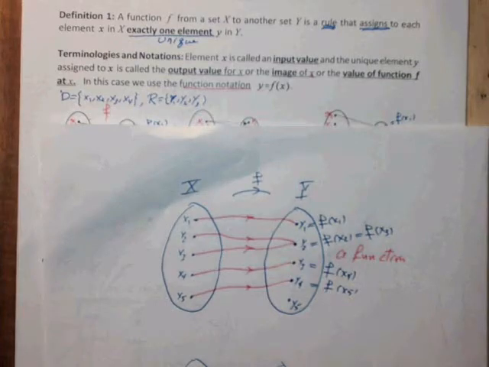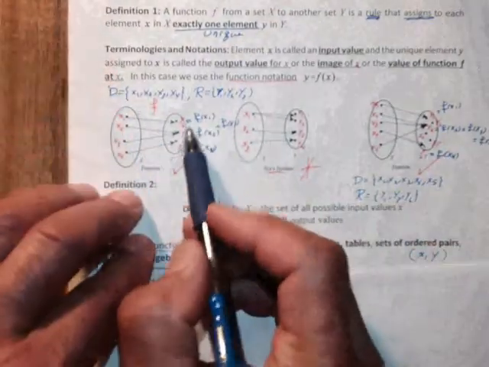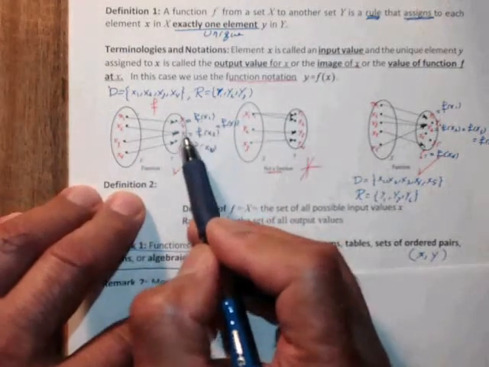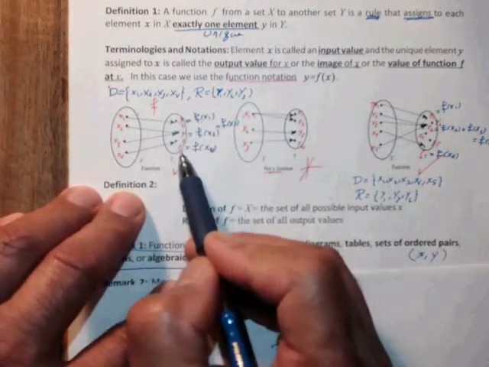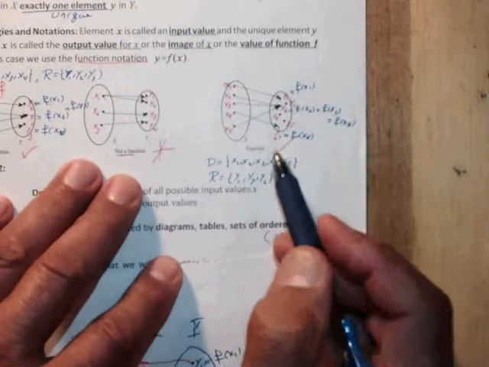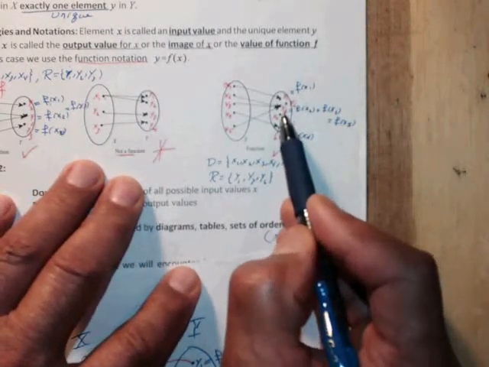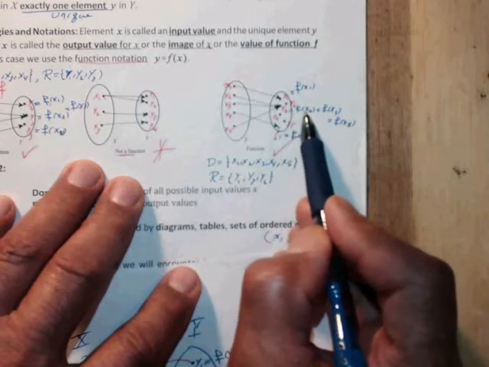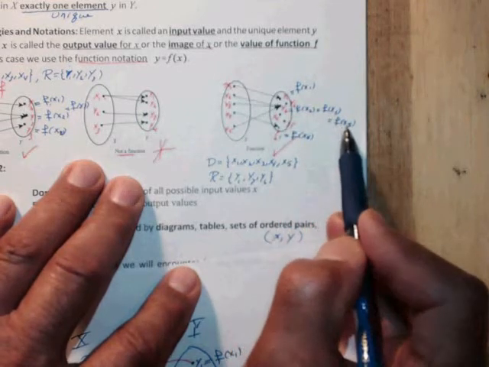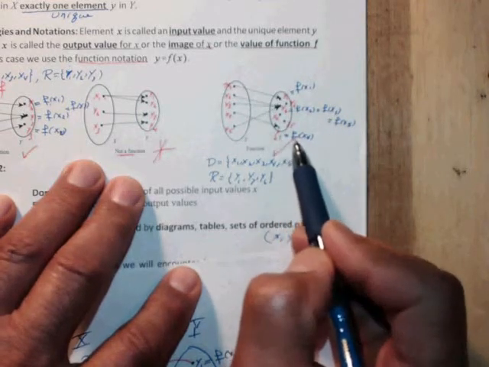Like here again, in this example, y1 is f of x1, y2 is f of x2, y3 is f of x3, and the same thing here, y1 is f of x1, y3 is f of x2, f of x3, f of x5, and y6 is f of x4.